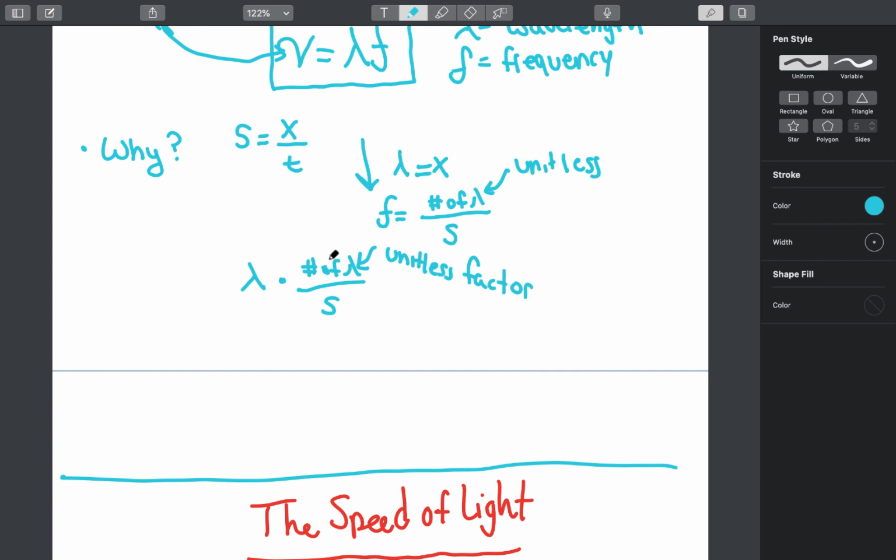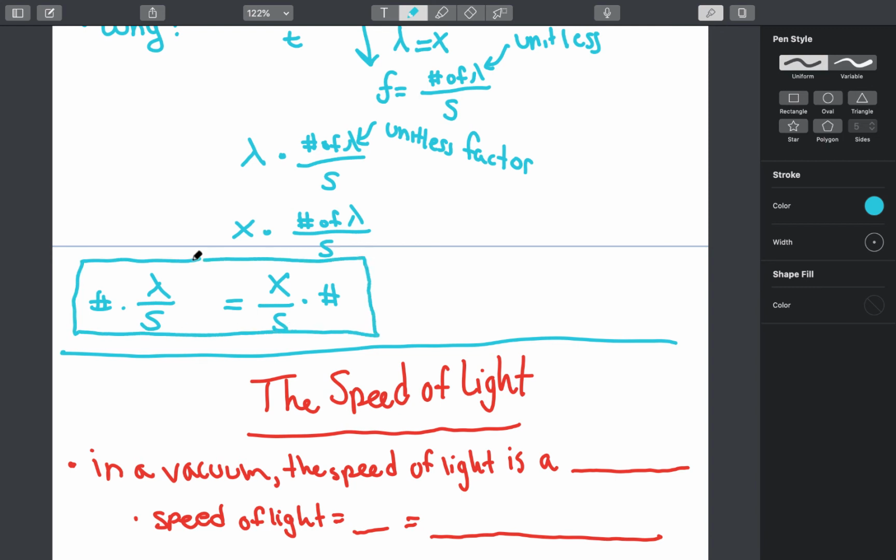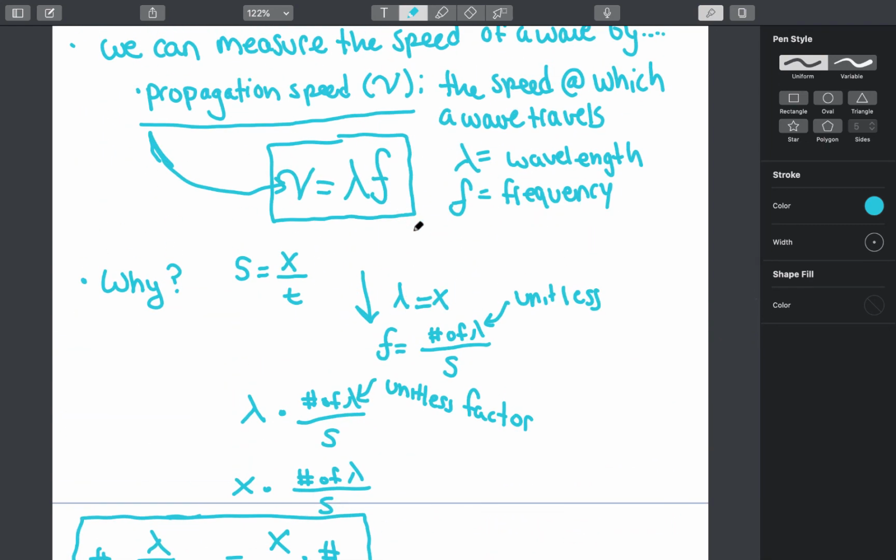So it could be like 1, 2, 3, 4, etc. So since lambda is equal to x, we can substitute in x times number of wavelengths per second. And now when we put this together, we get x over s times that unitless factor that we were talking about. So therefore, you see that when we multiply these two things together, you get speed, right? So that's why this equation works, okay?